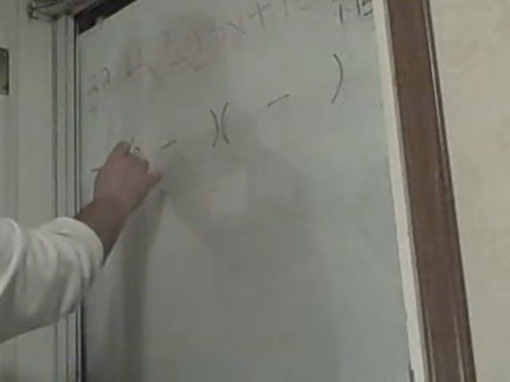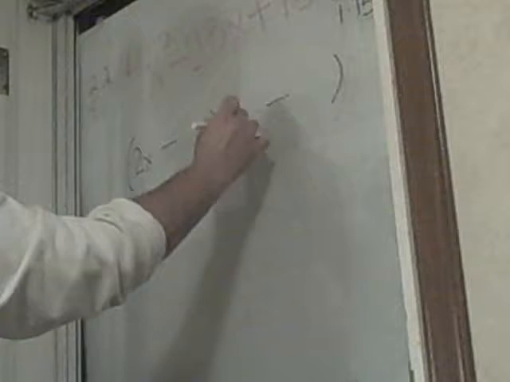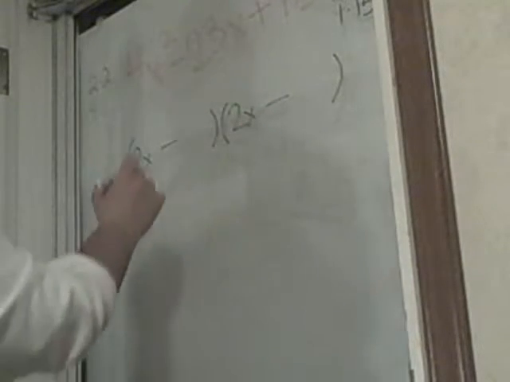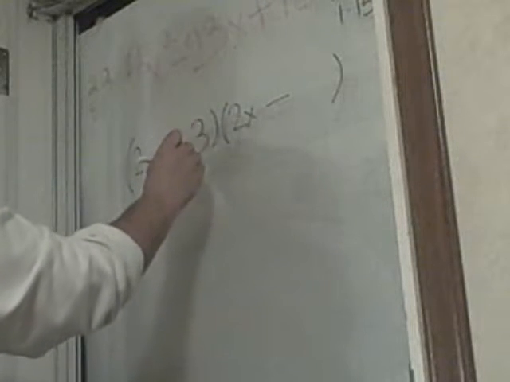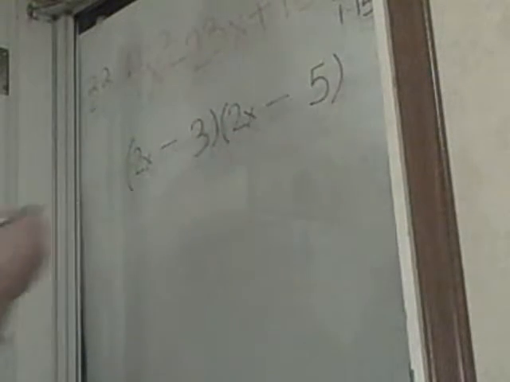And now I have to play around with the numbers again. Let's start off with 2x times 2x. And then from the 15, we'll put the 3 here and the 5 here.